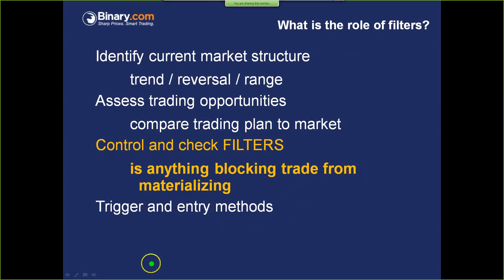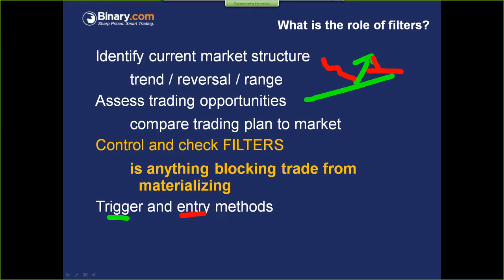Another example would be, for instance, the trigger could be a bounce off a trend line. Price moves down, hits the trend line, bounces. We don't enter, but it is our trigger. And as soon as price then makes this next hook back to a 50 fib, that could be our entry.